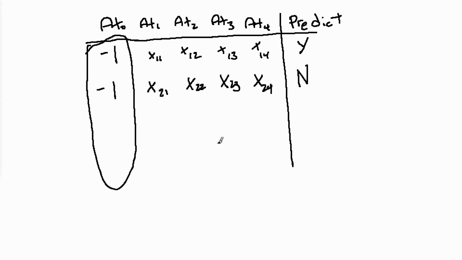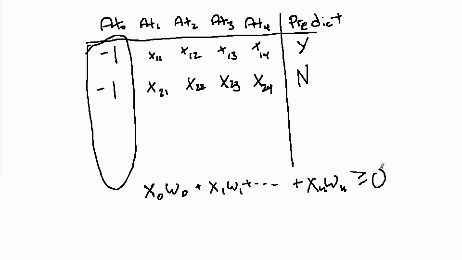Now here's the second thing I want you to take note of. We're looking at things that look like this. We're looking at things that go like x0 w0 plus x1 w1 plus, and we're going up to some, say, x sub n w sub n, and we're asking if that's greater than or equal to 0. Okay? So in here, you might be confused because here they have 2 subscripts, over here they have 1.